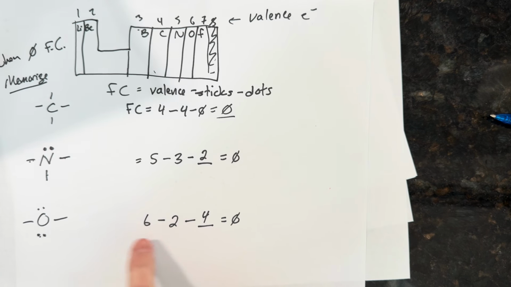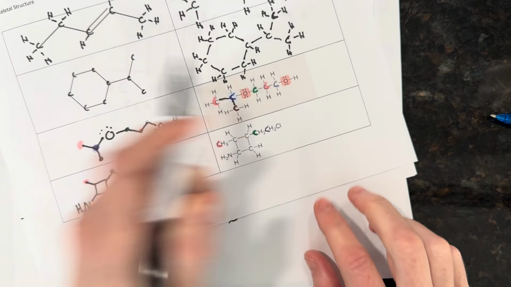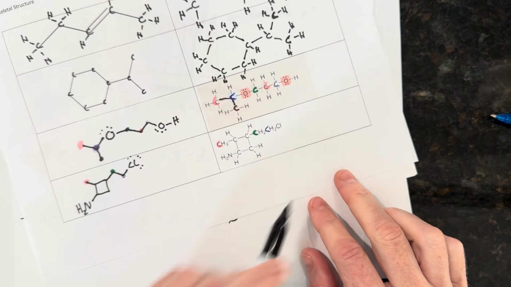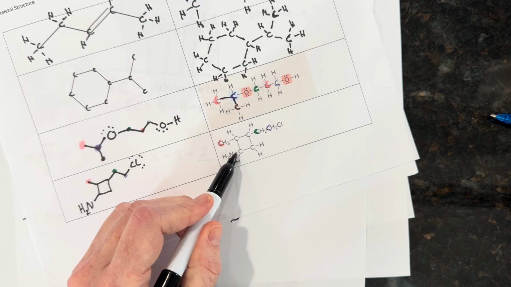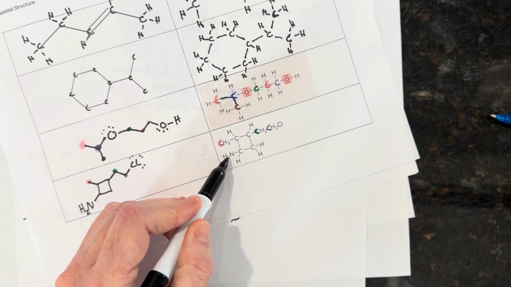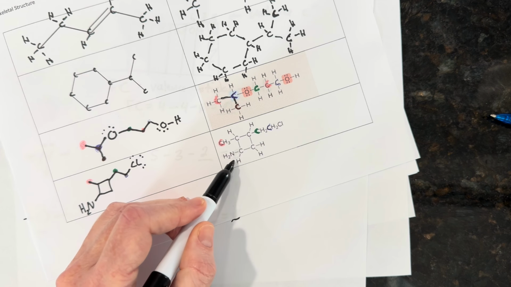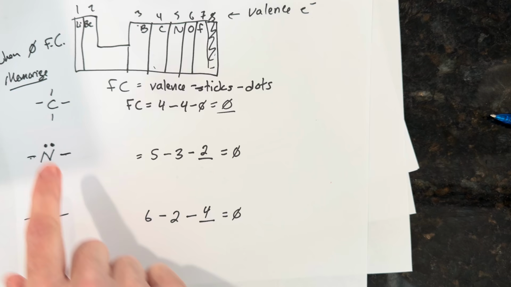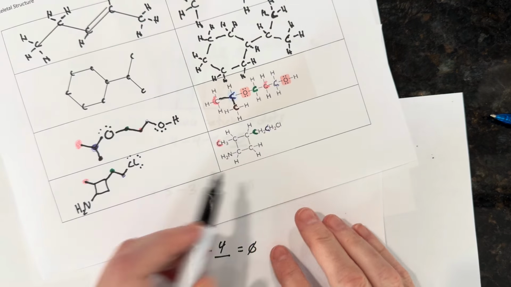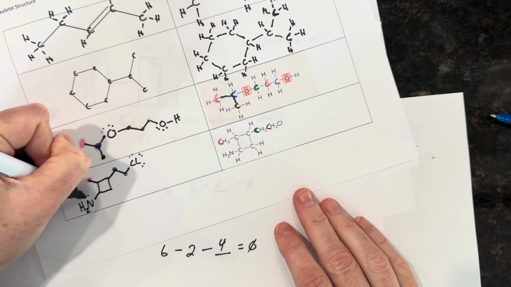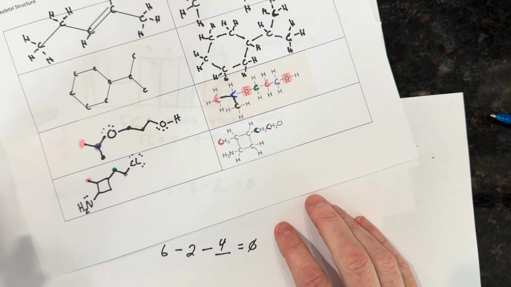Remember, when oxygen has 2 sticks and 4 dots, its formal charge is 0. Therefore, we didn't have to write anything. Nitrogen, we didn't even draw a diddly squat, right? But you did know it's got 1 bond there to the carbon, and it has 2 hydrogens telling you there's 3 bonds. If it's got 3 bonds, it's going to have 2 dots to equal 0. So even though you didn't draw the dots, you should know the dots on that nitrogen exist.